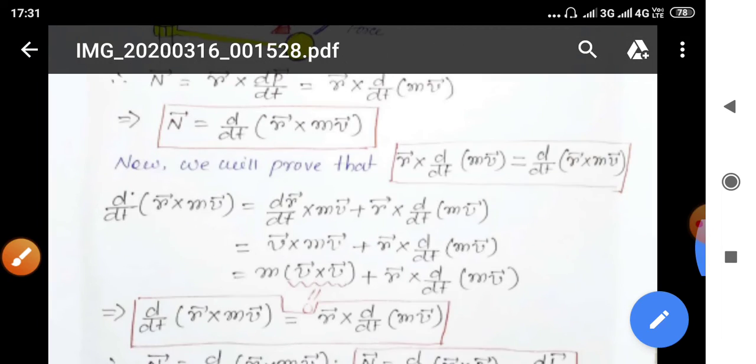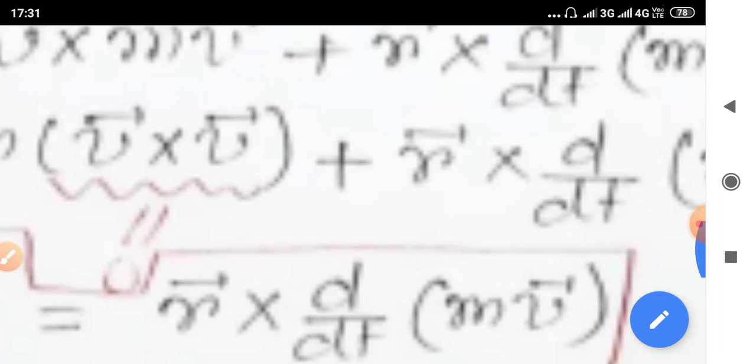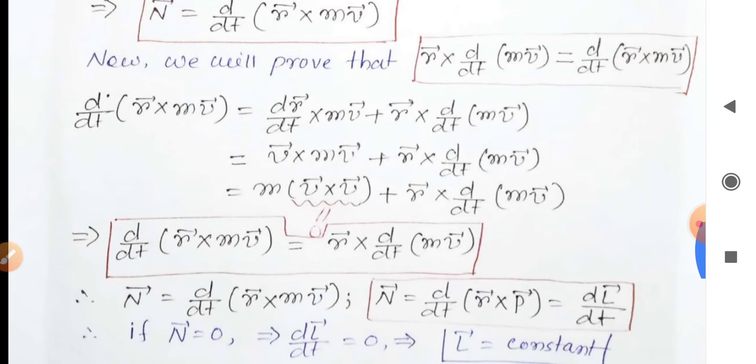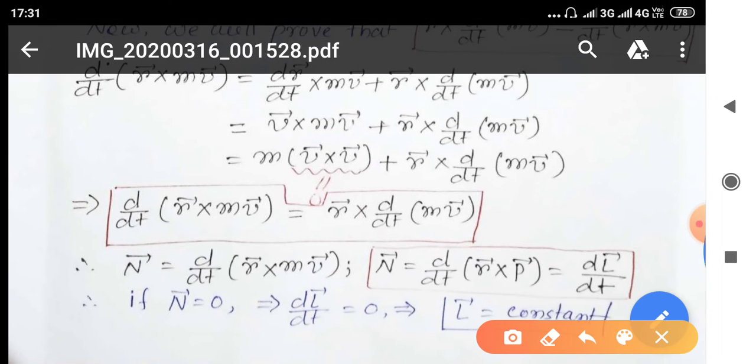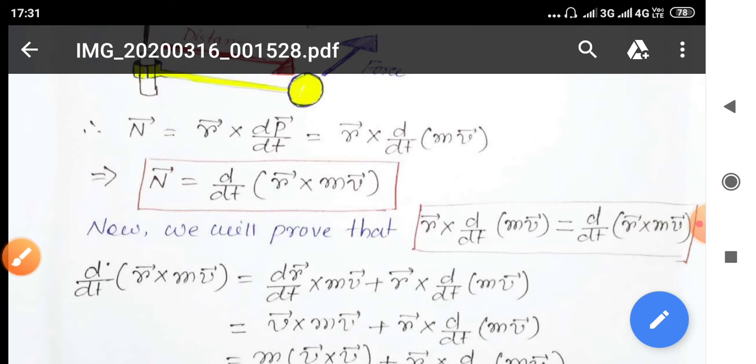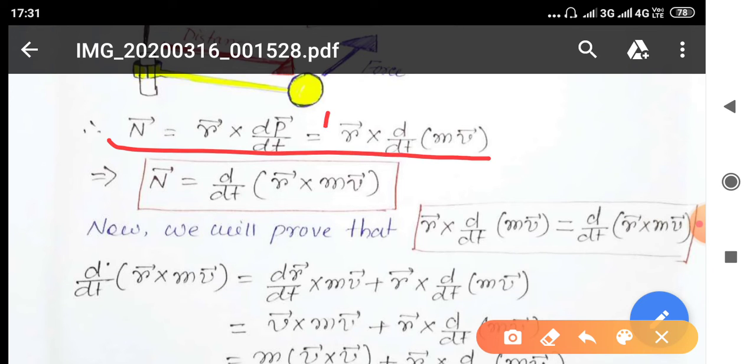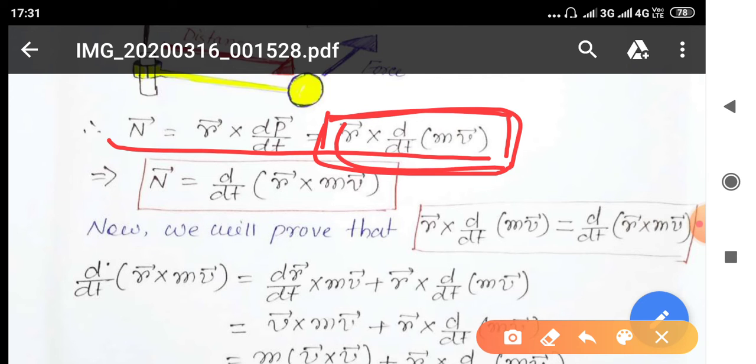So if we observe this equation, where n is equal to r cross d/dt of mv, in this position we can write d/dt of r cross mv.